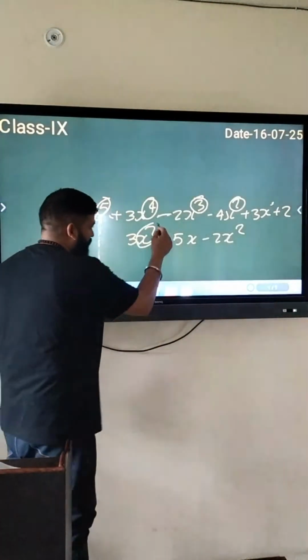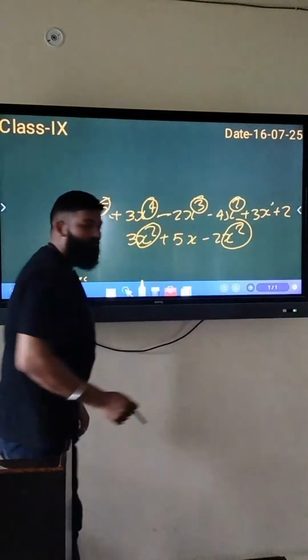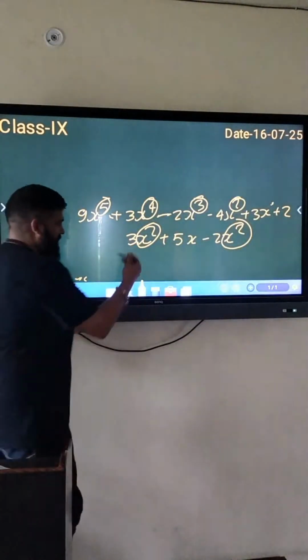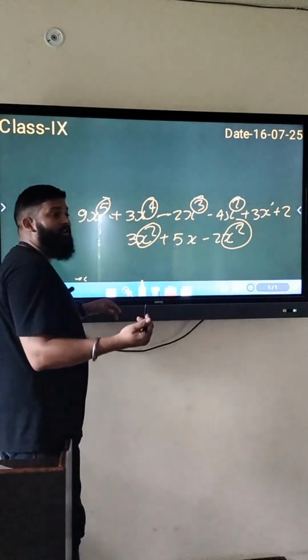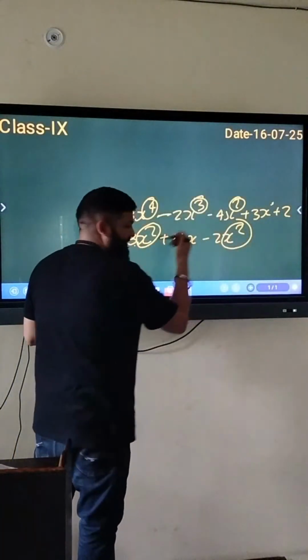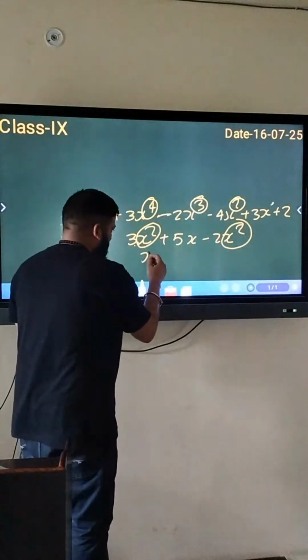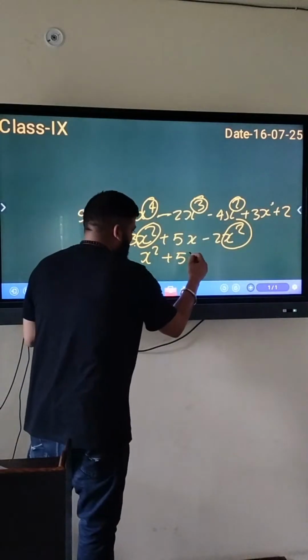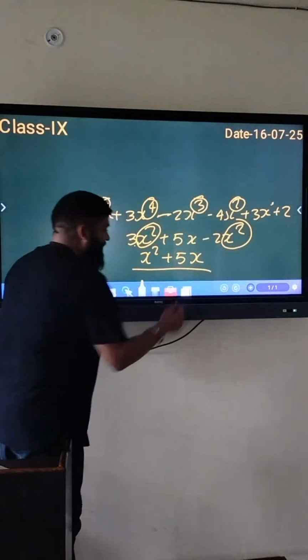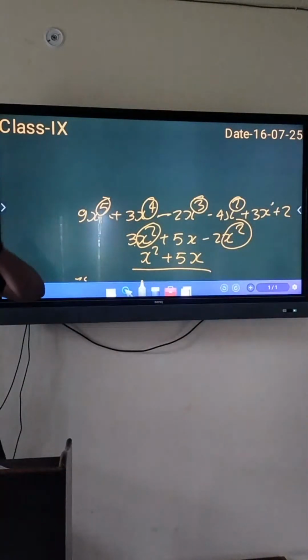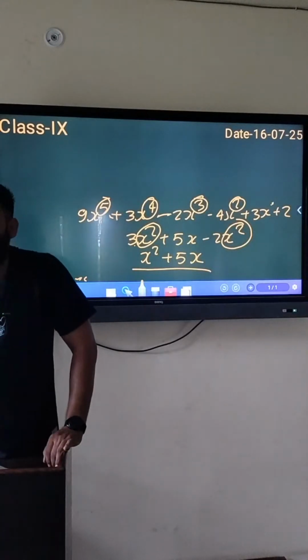Yes, x power 2 and x power 2 are there. Like terms we can add or subtract. So 3x square minus 2x square equals x square, plus 5x. Now tell me how many terms are there? You have to count unlike terms, not like terms.